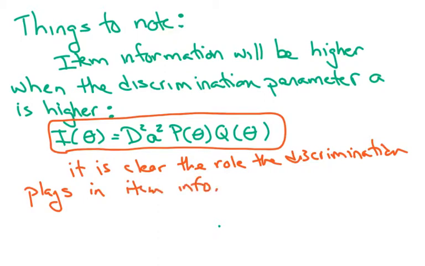You can just say, there it is, A squared. What is not so clear is the role of the difficulty parameter.